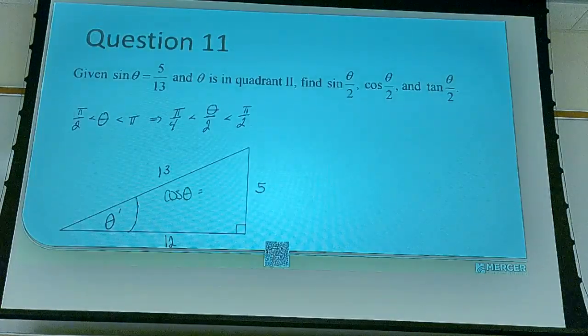Cosine of theta is negative cosine theta prime, because we're in the second quadrant. Negative 12/13.